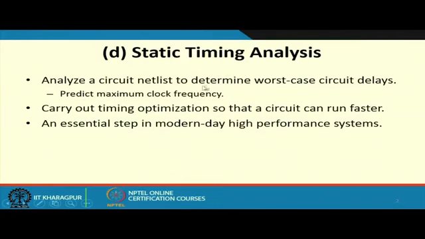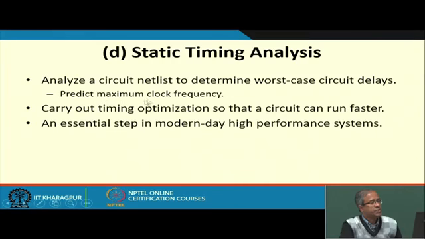Similarly, for the rising time and falling time of the signals, we have to take care of the slowest rising and slowest falling times in order to determine the slack values. Using this, you can estimate the worst case delays, and hence you can predict the maximum frequency with which you can feed the clock signal.